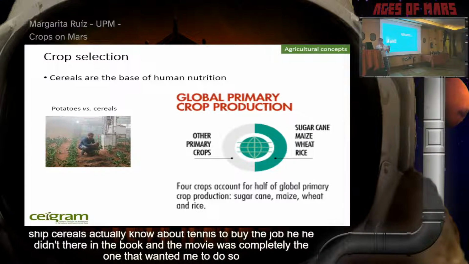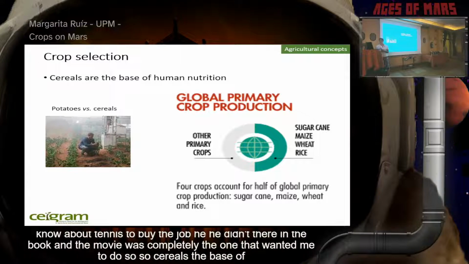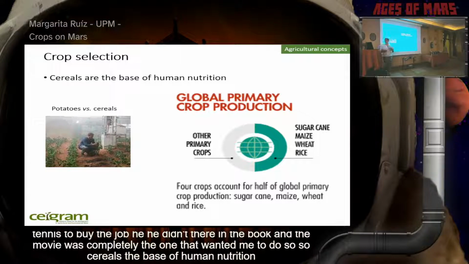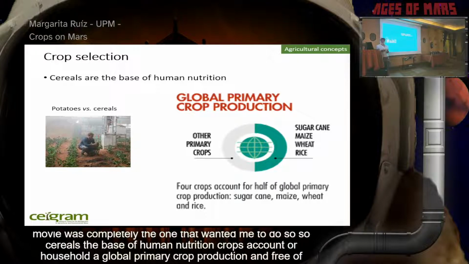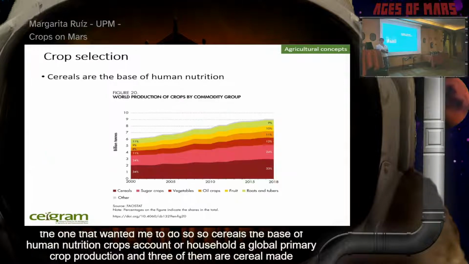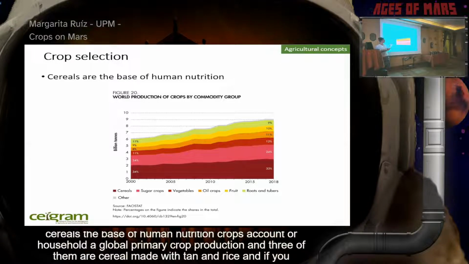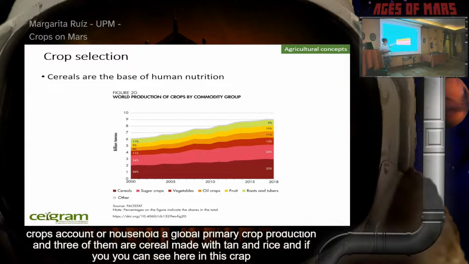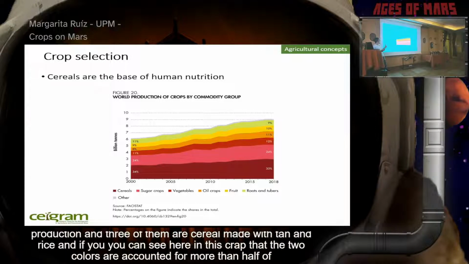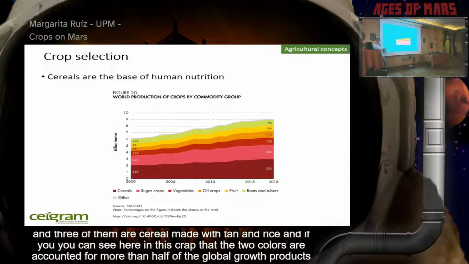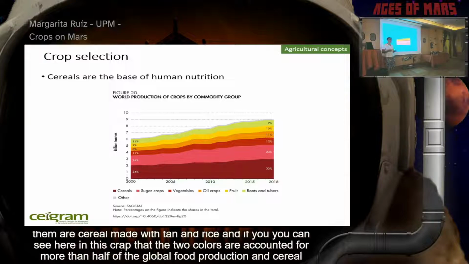So cereals, the base of human nutrition. Actually, 4 crops account for half of the global primary crop production, and 3 of them are cereals: maize, wheat, and rice. And you can see here in this graph that these 2 colors account for more than half of the global world production, and it is cereals and sugarcane.